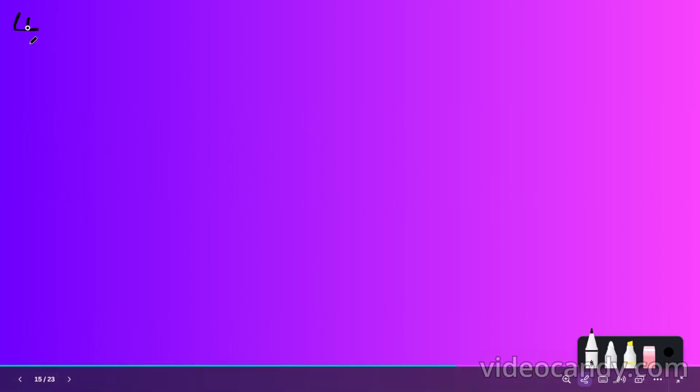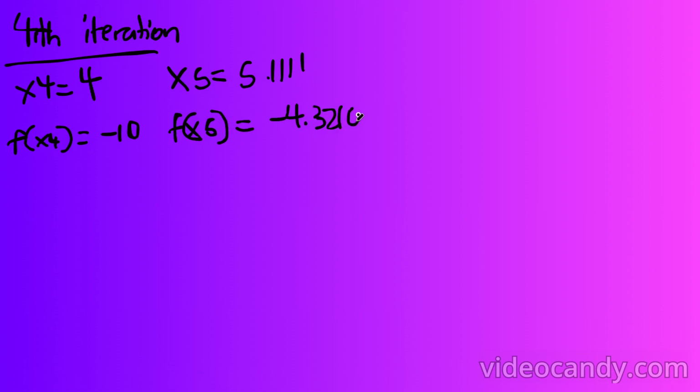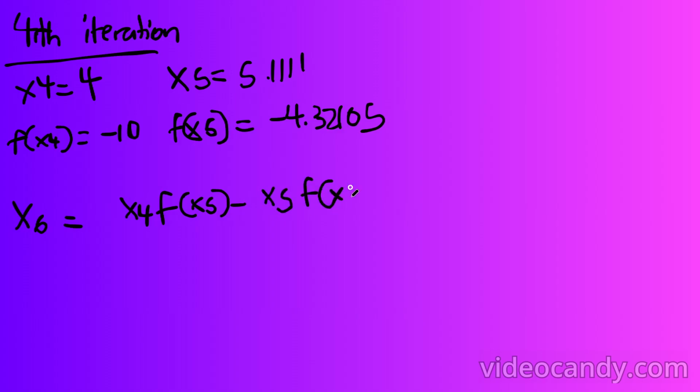As for the fourth iteration, x4 is 4 and x5 is 5.1111. So f of x4 is negative 10, and f of x5 is negative 4.32105. As for x6, it is x4 f of x5 minus x5 f of x4, divided by the difference.